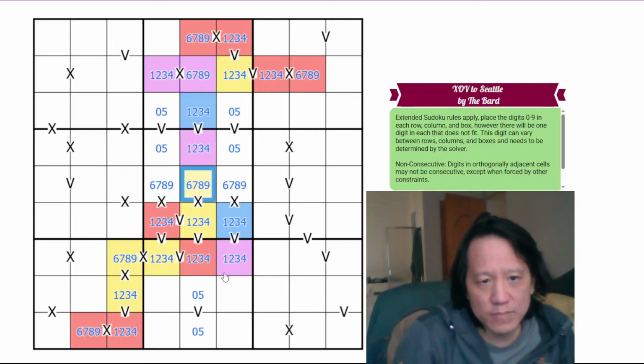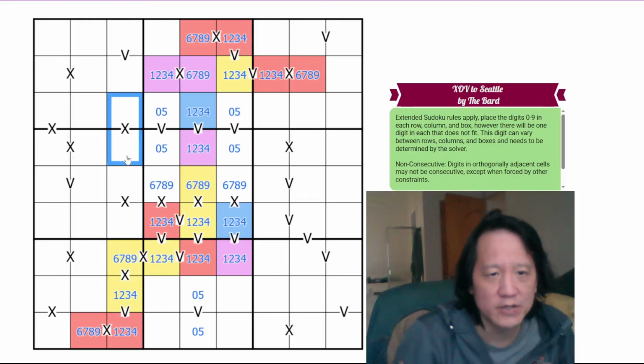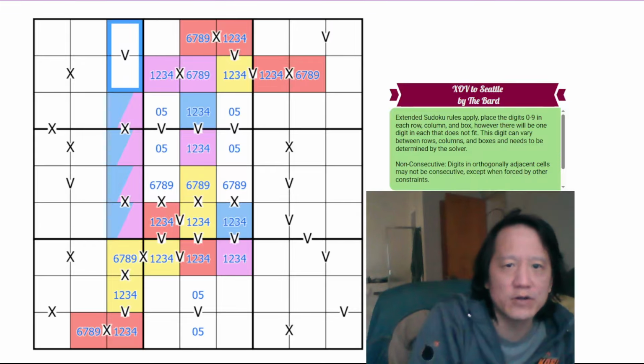Okay. This cannot be yellow adding up to 10. They can't be yellow or red adding up to 10. So this must be blue and pink. Therefore, this cannot contain the blue-pink 1 through 4 because we're guaranteed both of them here. So this has to be a 0-5 pair here.